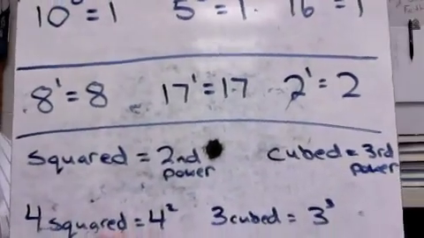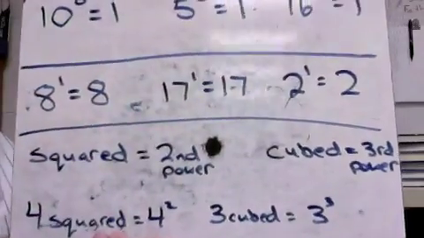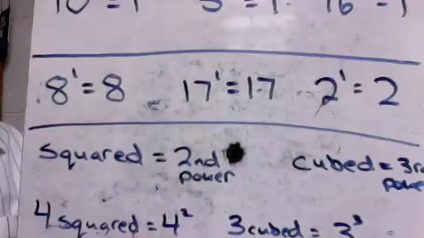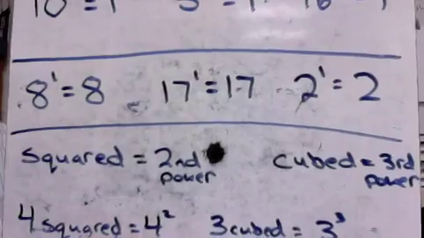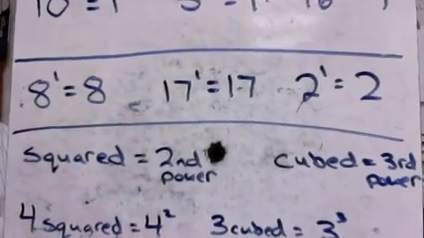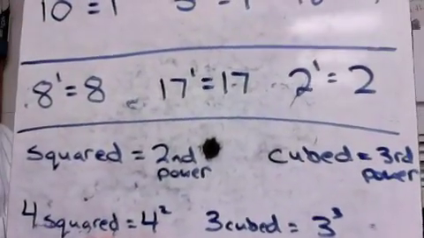Anytime you take something to the 0 power, the answer is always going to be 1. That's one of those ones where I have a tough time explaining, to be honest with you. But I will just inform you right now, anything to the 0 power is going to be 1.